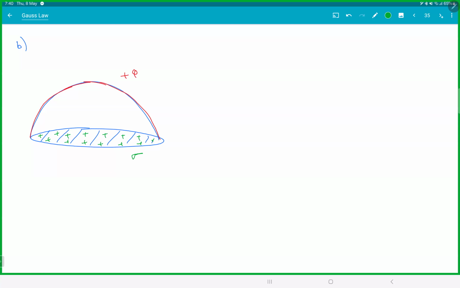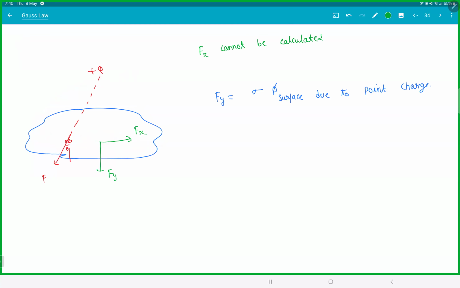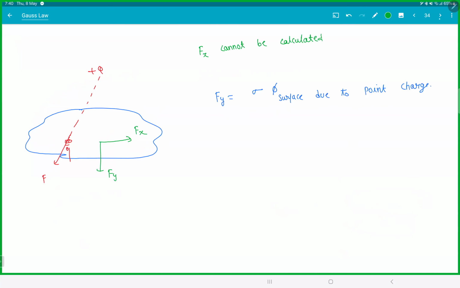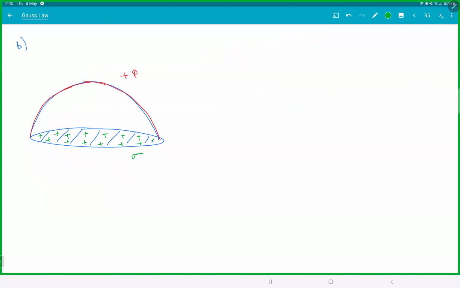Phi is the flux due to the charge on the plate, right? So why do I care what is the charge on the plate? You're getting? So it's a hemisphere which is closed with a disk on the other side, with a charged disk. Find the force between them.